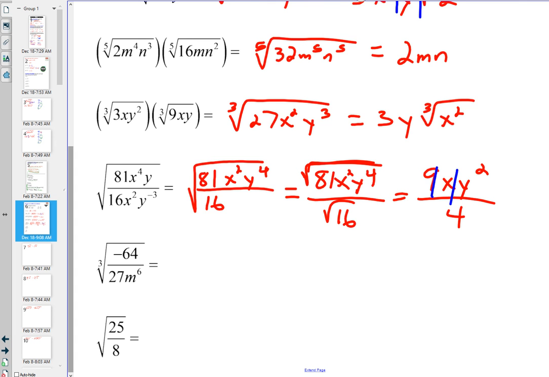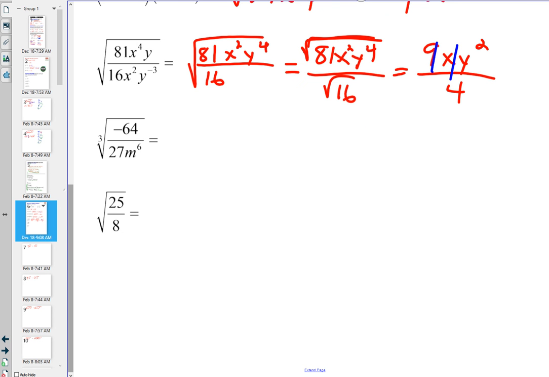Here, this last one here, let's skip the next one, let's do this one here. Can 25 be divided by 8? No. So yeah, look, you do the square root of each, but if you're going in order, okay, I couldn't divide, what should I be doing next? Rationalize, right? So you may see that square root of 25 and you want to make it a 5, you can.